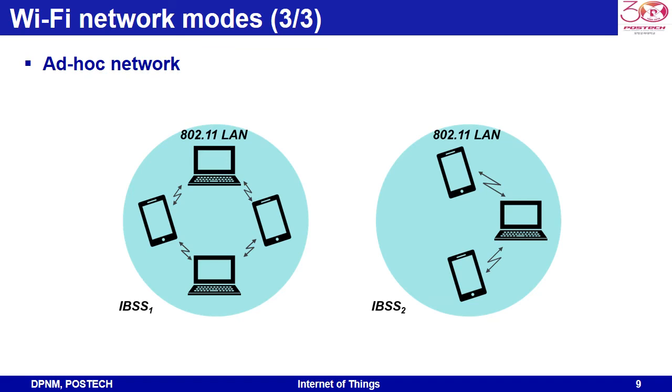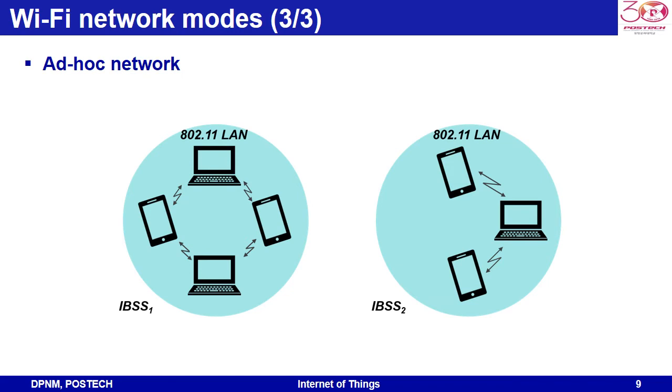As you can see here, wireless devices in ad hoc network mode are communicating with each other without a base station. For example, if we enter a war or went to North Korea, then we will not have an infrastructure network that we can use.